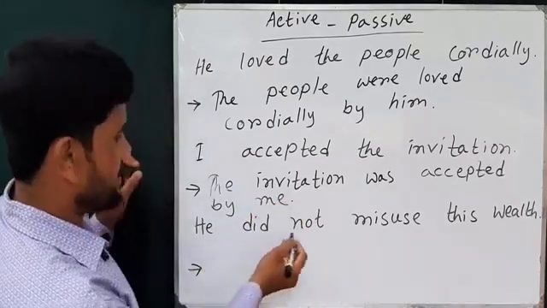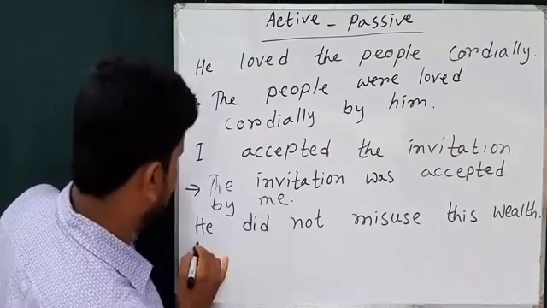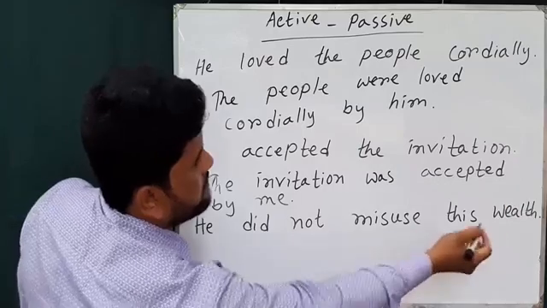You see here the sentence is negative, but the steps are the same 6 steps. First, he is the subject, did not misuse is the verb, this wealth is the object.